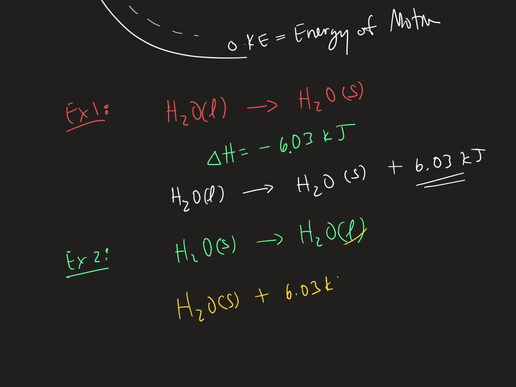Because we have to take in heat to melt the ice, right? How are we feeling on these simple examples? Okay? When I say simple, I'm not saying easy. It's just not complex, that's all. Okay?